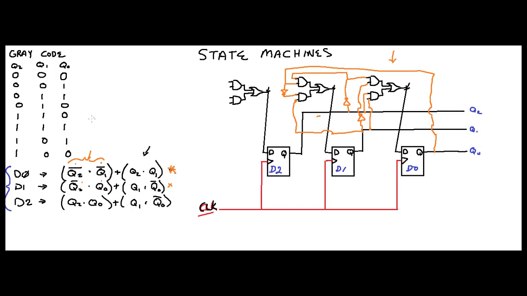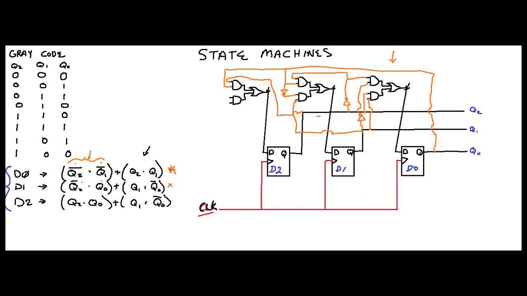So, for D2, we have a Q0 and a Q2. So where's your Q0? Here's your Q0. Looks like here's a Q2, right? You guys, I'm trying to keep this as neat as I can.